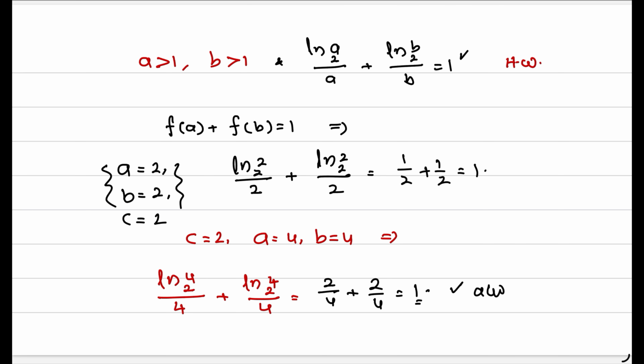Accepted. The second solution is A is equal to 4 and B is equal to 4 and C is equal to 2. C is equal to 2 is compulsory everywhere.